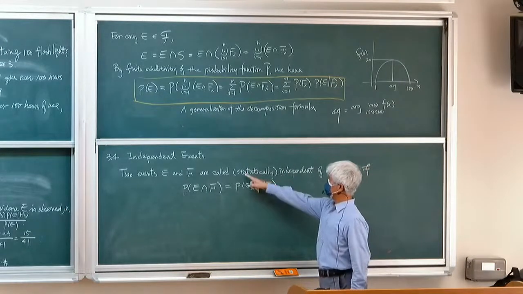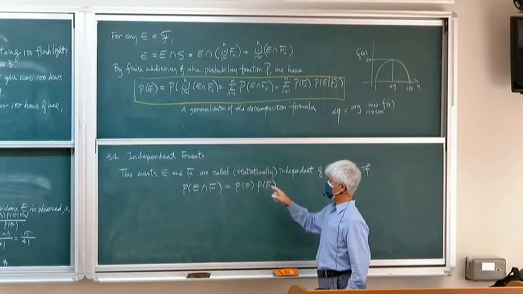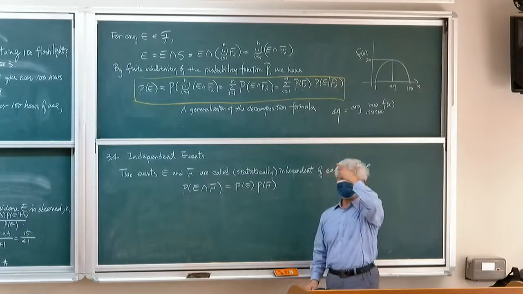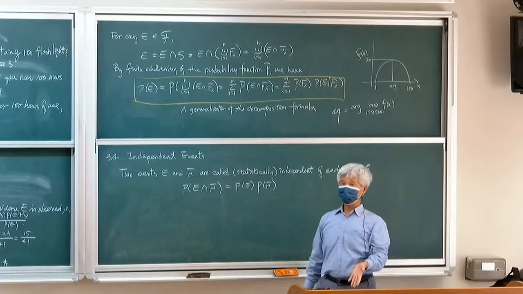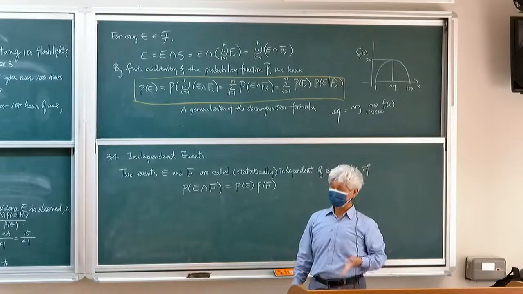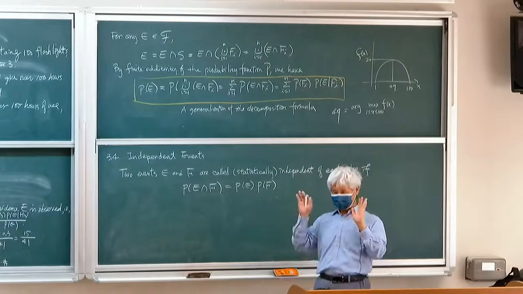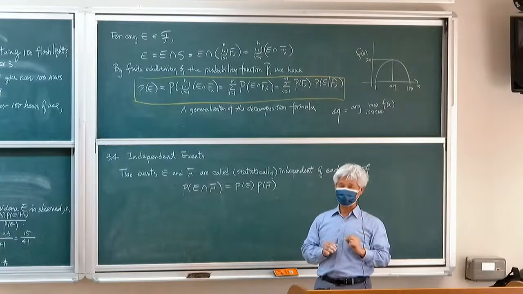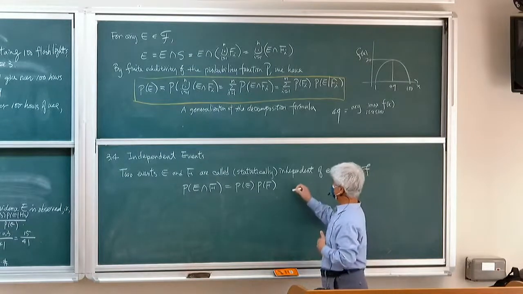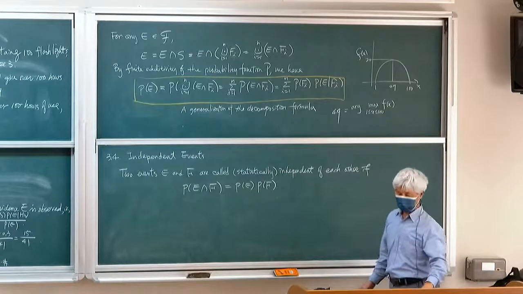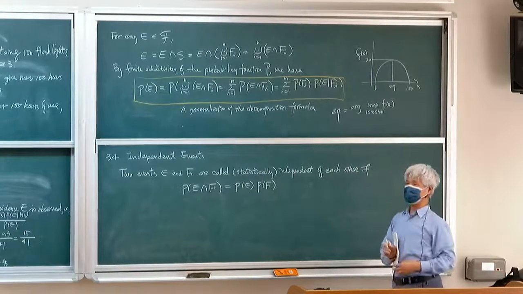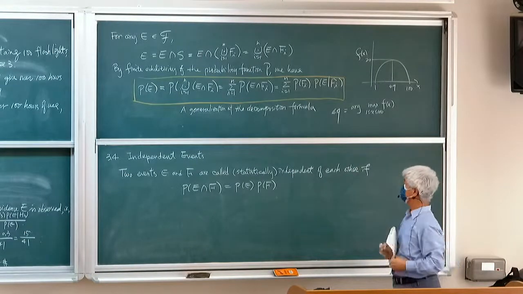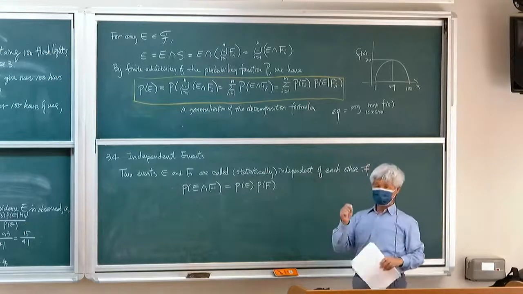And sometimes we say statistical independence because in linear algebra there is also the concept of linear independence, right? So they are two different concepts. In the context of probability theory, independence means statistical independence.